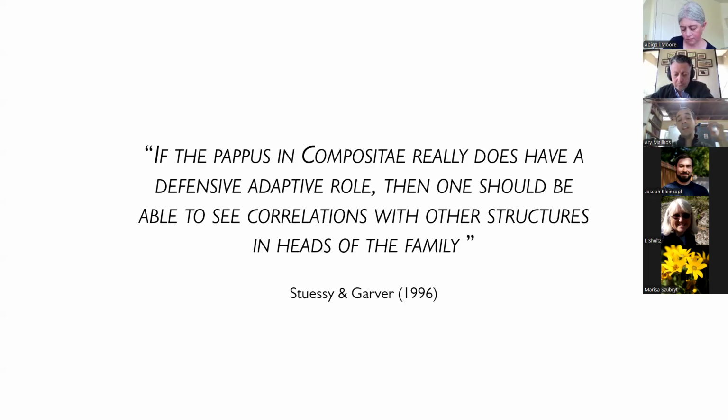The paleae typically envelop the florets and cover the ovaries and fruits. So in species where the paleae are well developed, those species would not need to have a pappus that is fulfilling a defensive role, because that role is being fulfilled by the paleae, and vice versa, right?